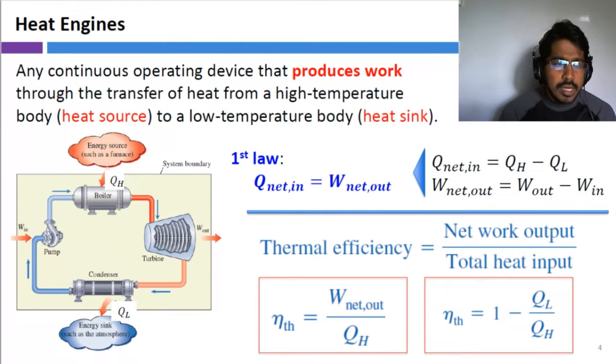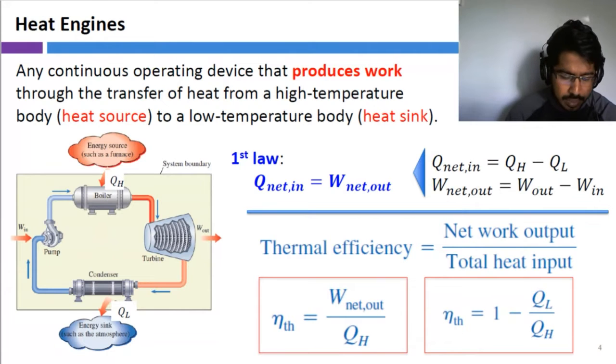A high temperature body is called a heat source, and a low temperature body is called a heat sink, right? So source and sink. Now, any turbine, any IC engine, any engine that you come across during this course is going to fall under this definition, a heat engine, right?